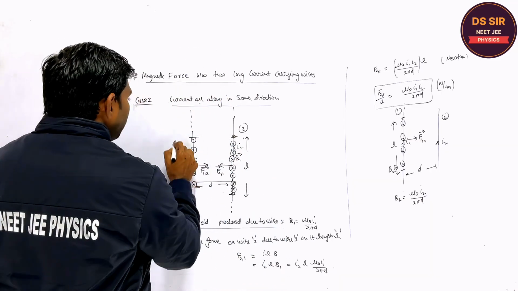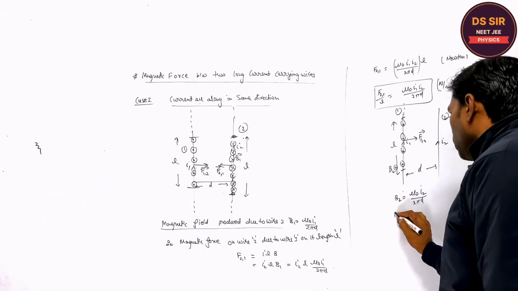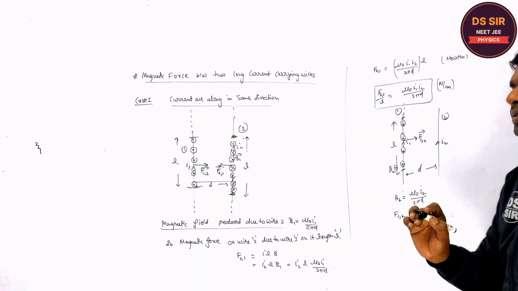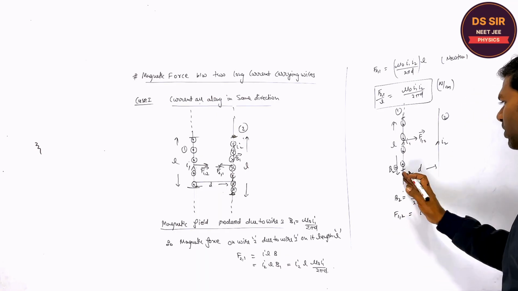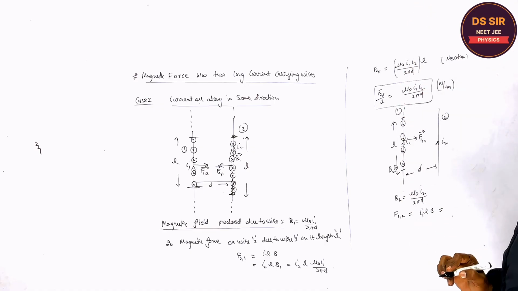If you consider the same length L of wire 1, the force on 1 due to 2 is equal to ILB. What is the current here? I1.